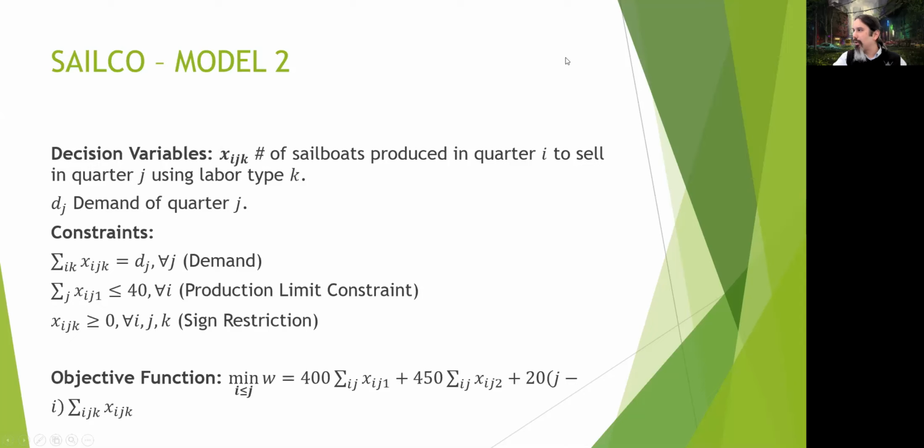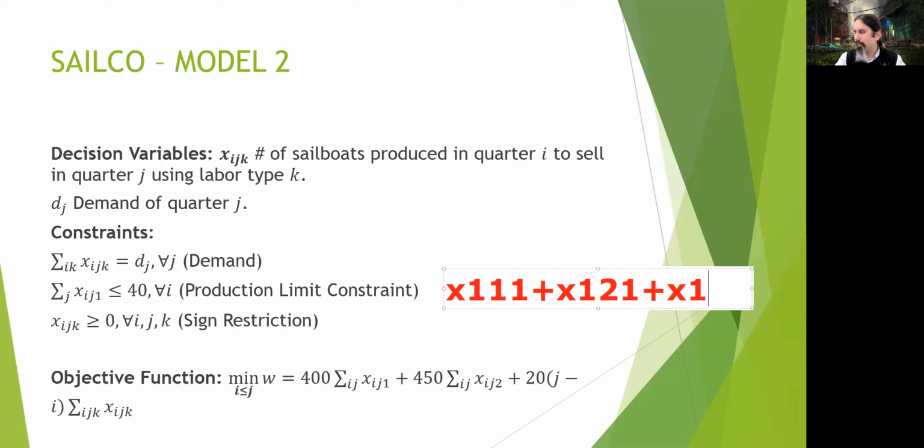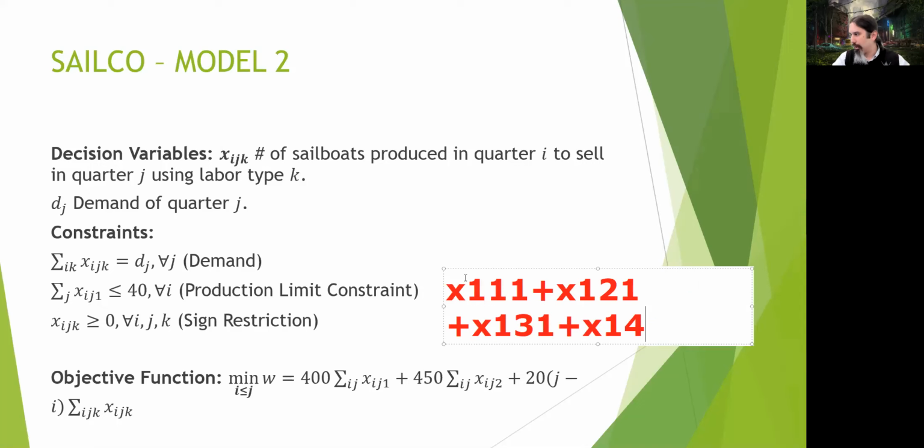Now, let me just take this here and write it. For example, let's just do it for i is equal to 1. Let's start writing for i is equal to 1. Now, when i is equal to 1, we have x1,1,1 plus x1,2,1 plus x1,3,1 plus x1,4,1.